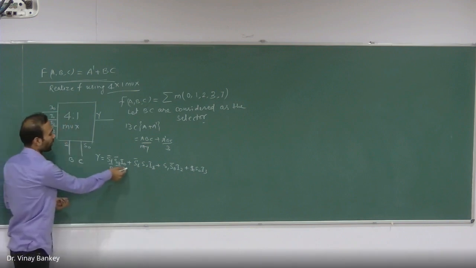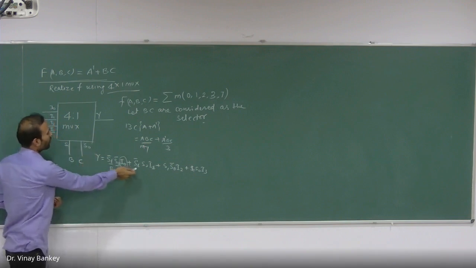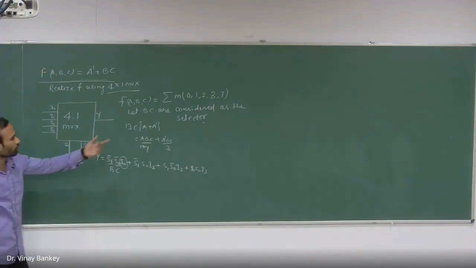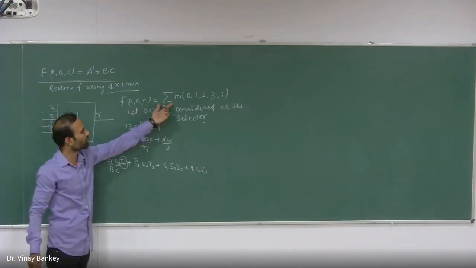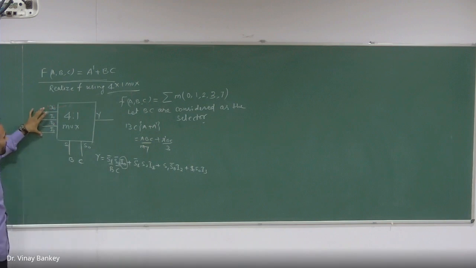Now we just want these inputs to be chosen in terms of A or 0 or 1 according to the min terms. Which min terms are available in the function? According to that, we will connect the remaining variable.